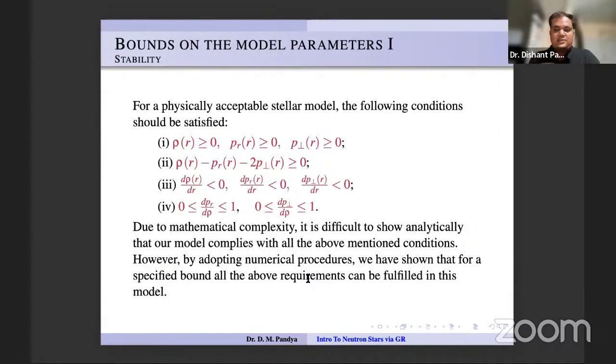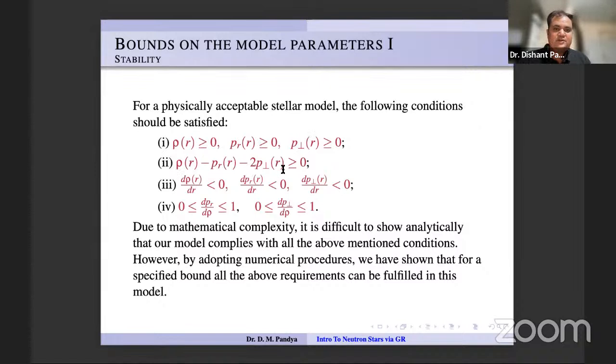Now, coming to the seventh part: what are the bounds on such model parameters? These are very standard requirements in order to establish your physically acceptable stellar model. Condition number 1 gives you non-negativity of density, radial and transverse pressure.